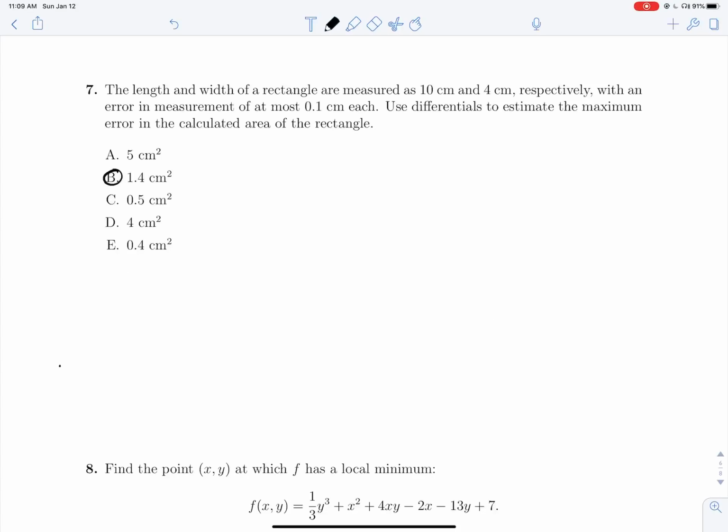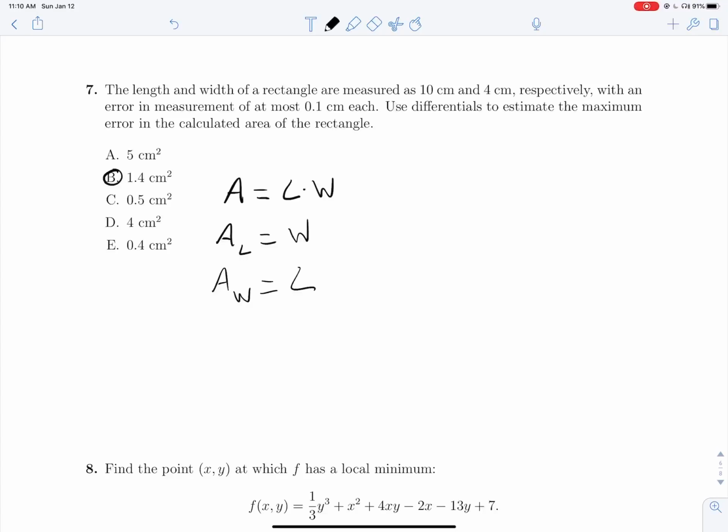Using differentials, because we know that our area of the rectangle is going to be length times width, we can say that our partial derivative of A with respect to L is W, and our partial derivative of A with respect to W is L. And okay, it's all coming back to me.